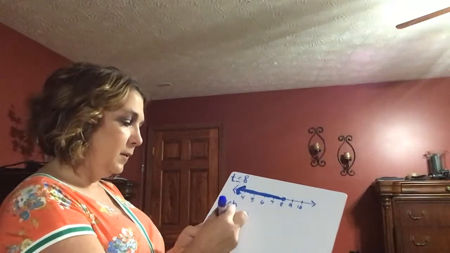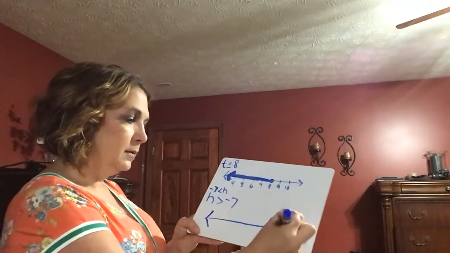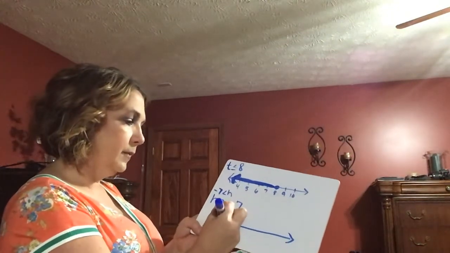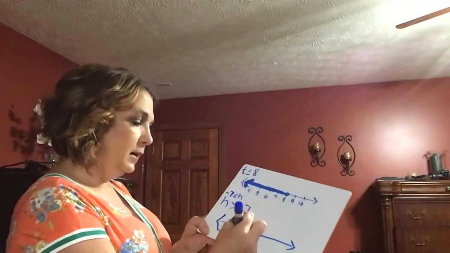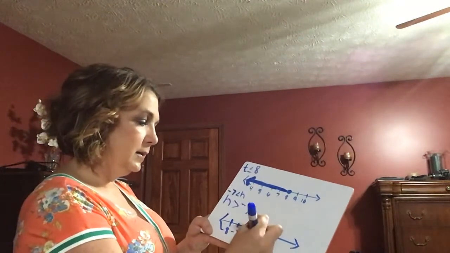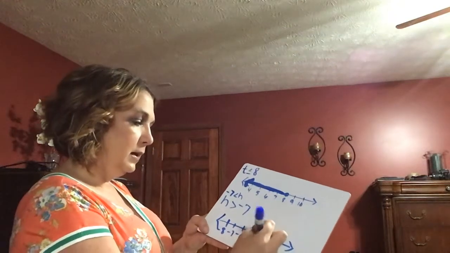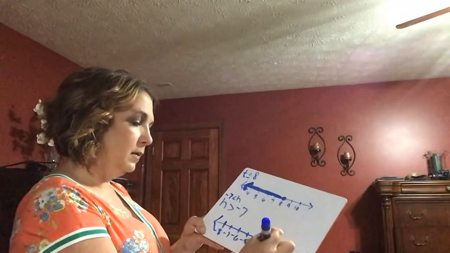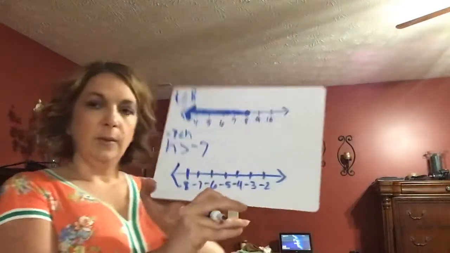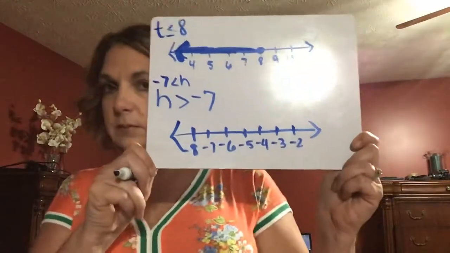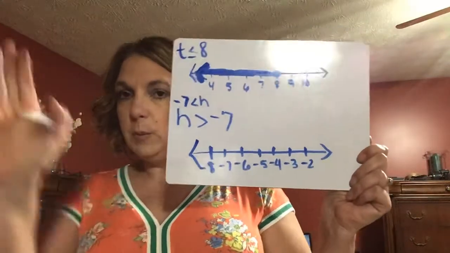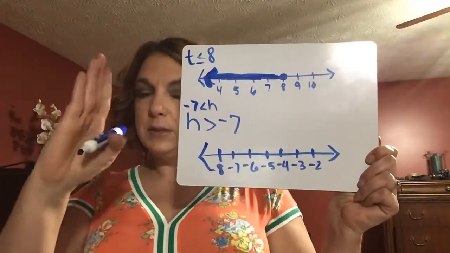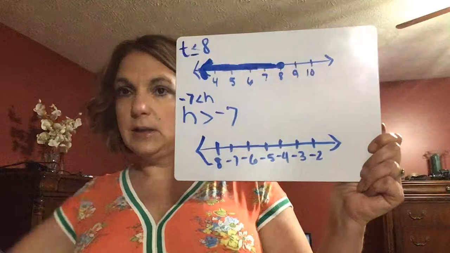So I'm going to make my number line: negative 8, negative 7, negative 6, negative 5, negative 4. Why did I count that way? I counted backwards, kind of, didn't I? Because remember, when we start at 0 and we're going negatives, we still start at 1 and count our way down.